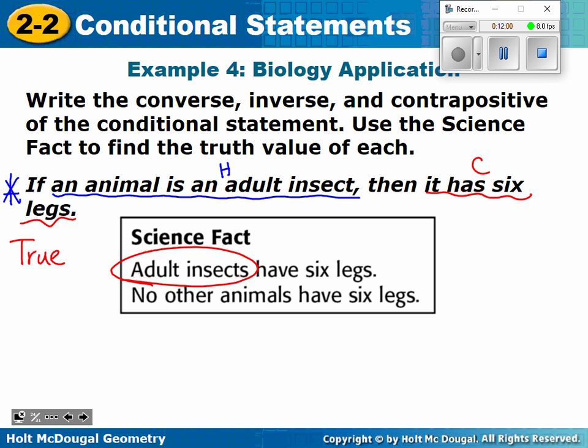So if you don't make an A, then you don't what? Oops, this is wrong. Sorry. Go back to inverse. Inverse only negates the original.